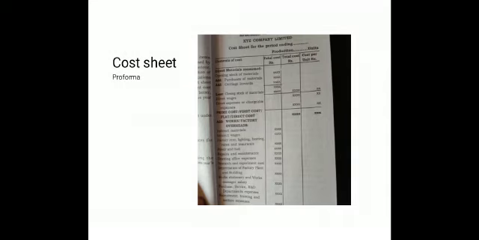If you want to prepare the cost sheet, firstly the pro forma says direct material consumed. Direct material consumed is the first part of the cost sheet. Here we mention the opening stock of materials, such as direct material. Add purchase of material, add carriage inwards.